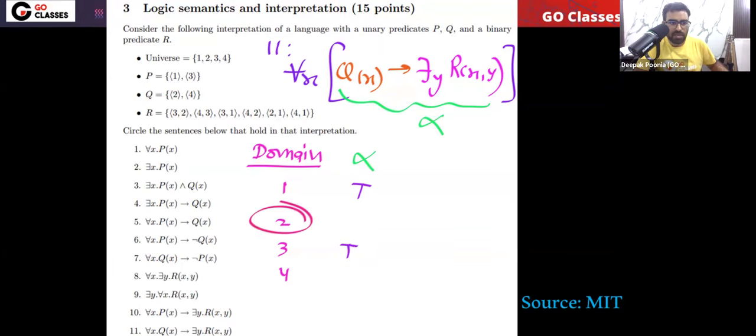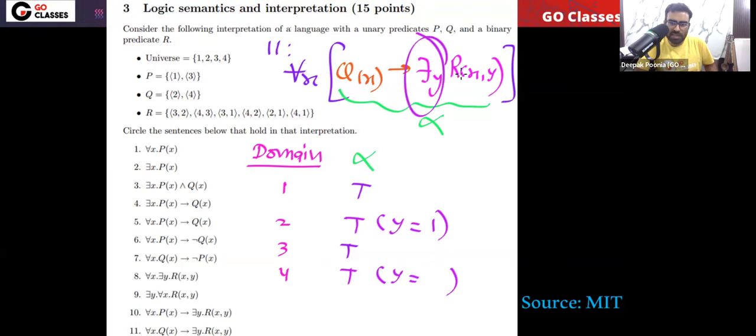What about 2? If I take x equal to 2, then q2 will be true, which implies there exists a y such that r2y is true. So y equal to 1 will work. If I take x equal to 4, then alpha is also true. Which y will work? If I take x equal to 4, then q4 is true.